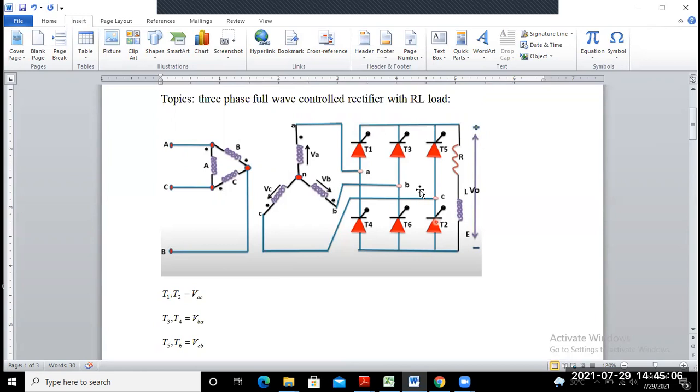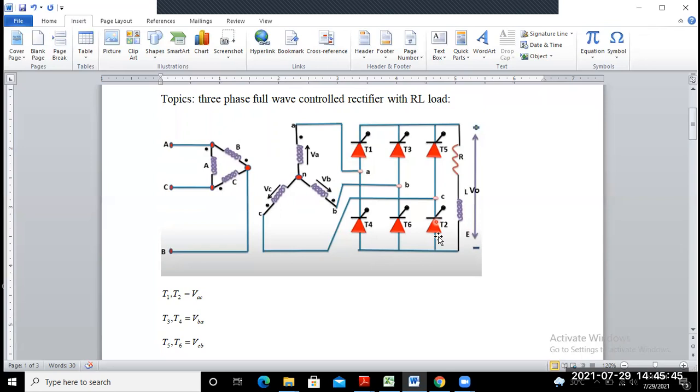At any particular instant, the thyristors that see the most positive value and most negative value will conduct. That means if T1 sees VA as the most positive phase voltage, thyristor T1 starts conduction, and suppose at that instant in the negative half cycle thyristor T2 sees the most negative voltage, then T2 starts conduction.